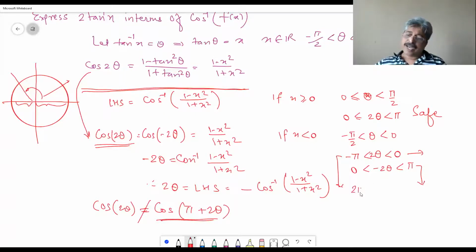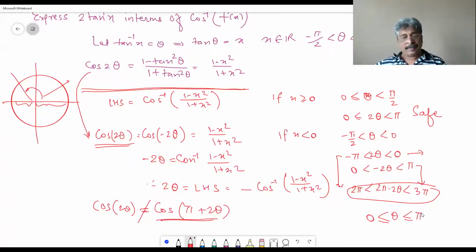So if we add 2 pi here, it will become 2 pi minus 2 theta is less than 3 pi. And anyway, this is not acceptable for cos inverse. For cos inverse, you should be between 0 less than or equal to theta less than or equal to pi. For cos inverse, then only you can cross this Lakshman Rekha. Otherwise not.